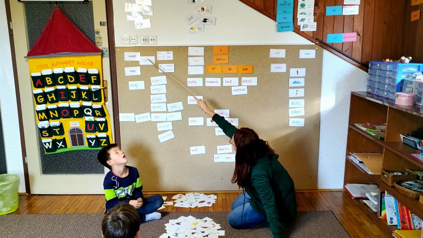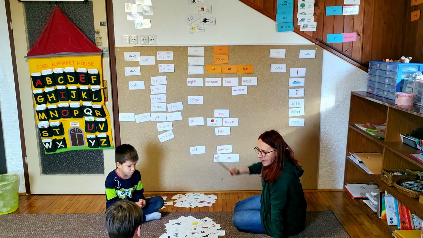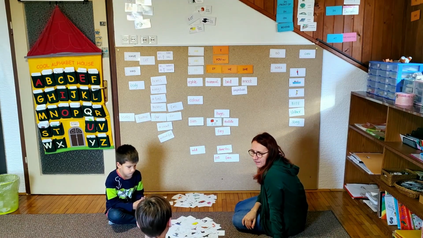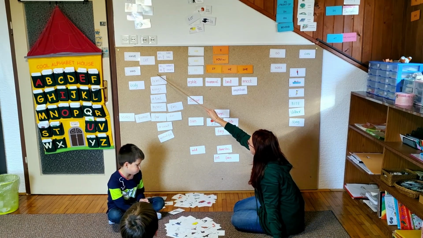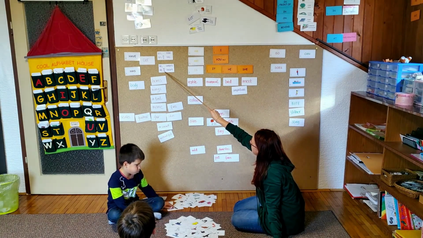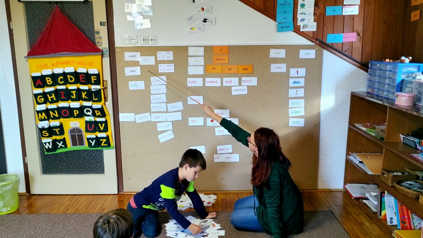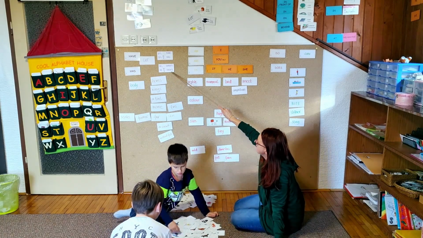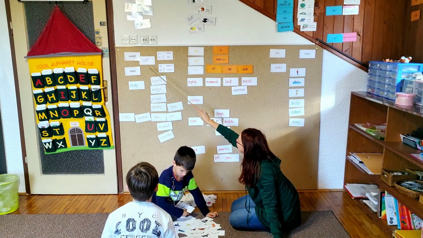Has your animal got wings? No, my animal hasn't. If you ask has, then the answer is hasn't. So, can you say it again?